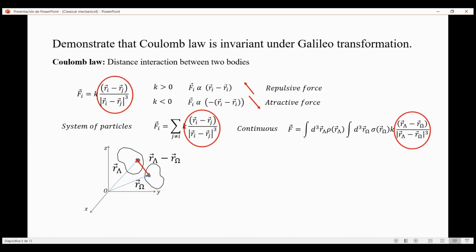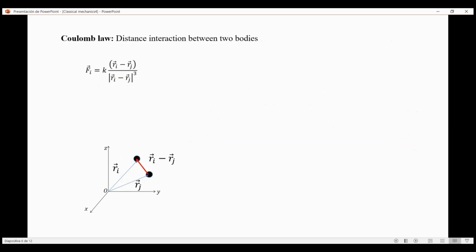So as said, we just focus on the fact that we are dealing with a distance interaction that depends on the inverse square distance. For simplicity, just consider two particles with positions r sub i and r sub j referred to a fixed reference system O, X, Y, Z.